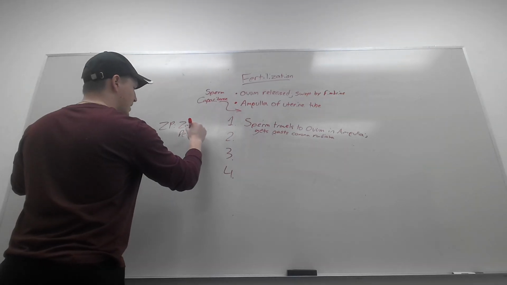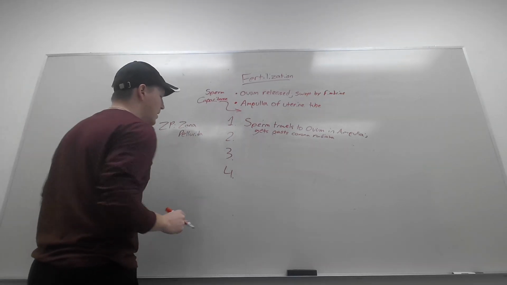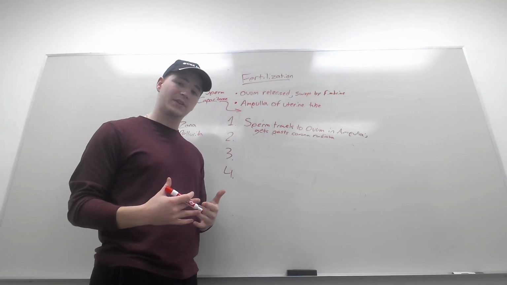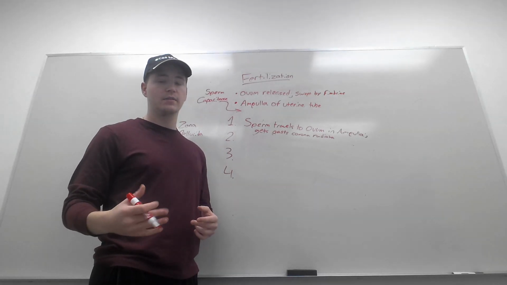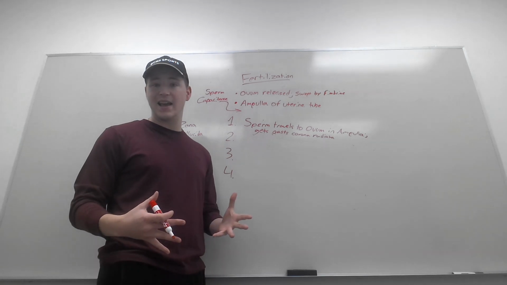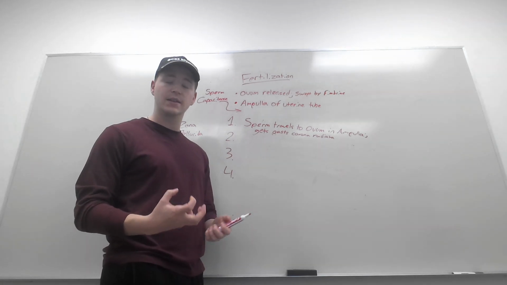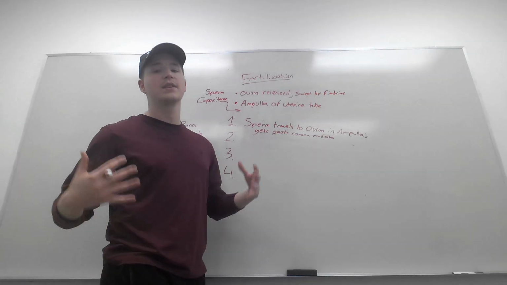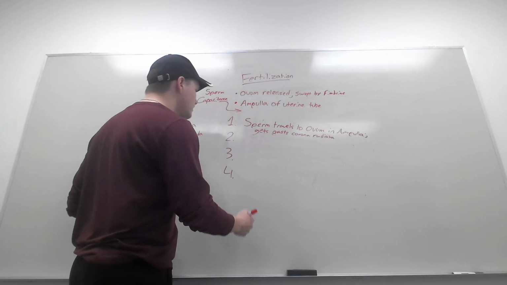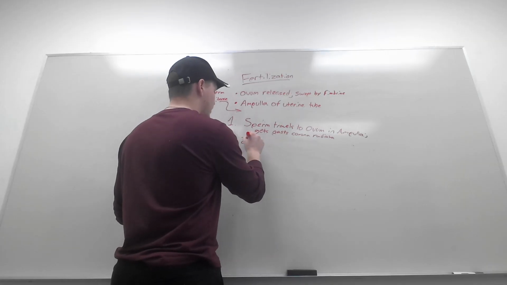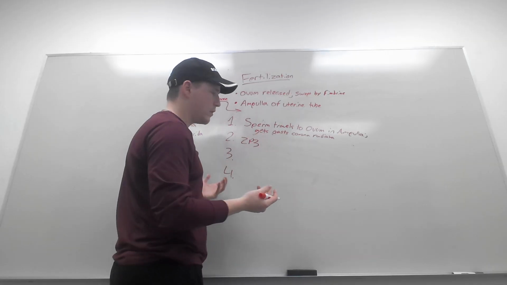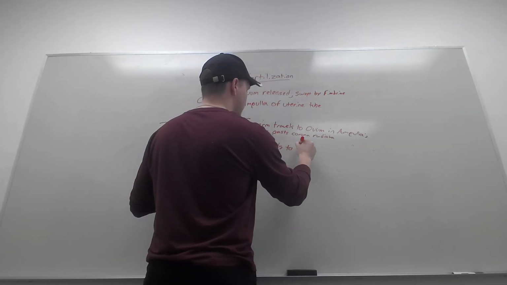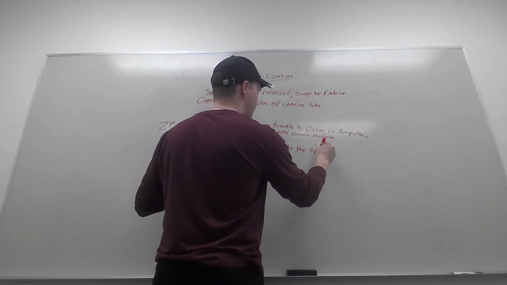The zona pellucida is a membrane-like layer on the outside of the ovum, and that's what the sperm has to penetrate, along with the plasma membrane, to get to the DNA of the ovum, in order to complete metaphase 2 of meiosis and then form a zygote. So the ZP3 receptor of the ovum binds to the sperm head.